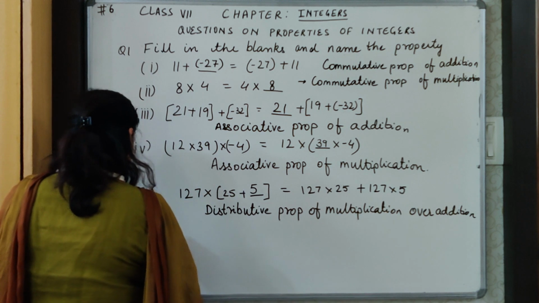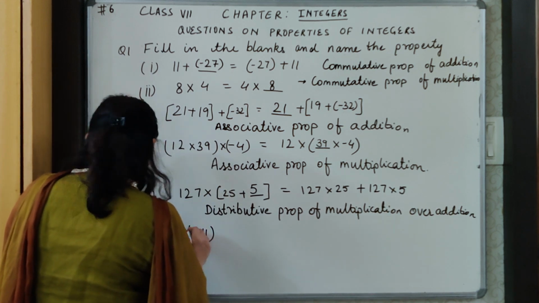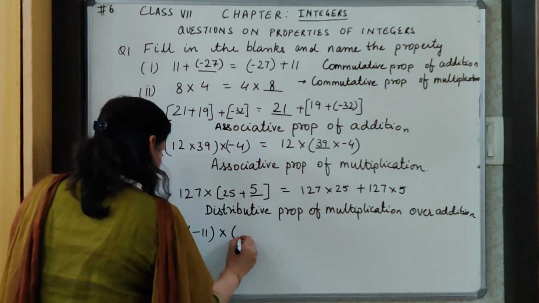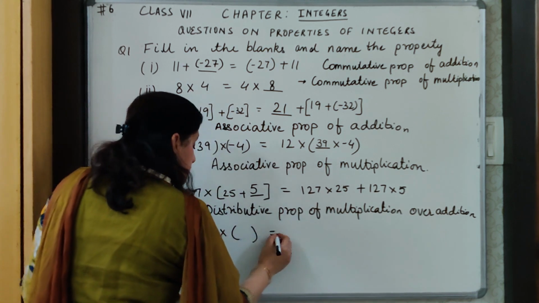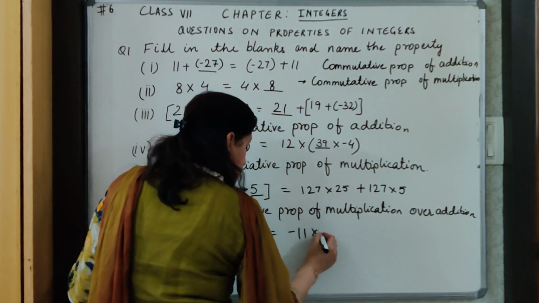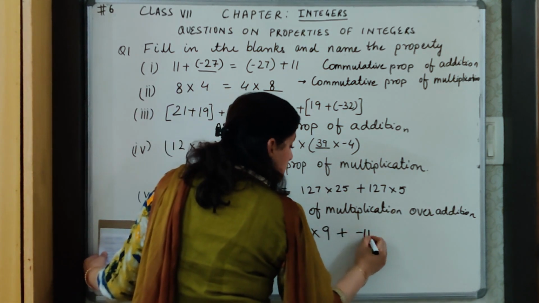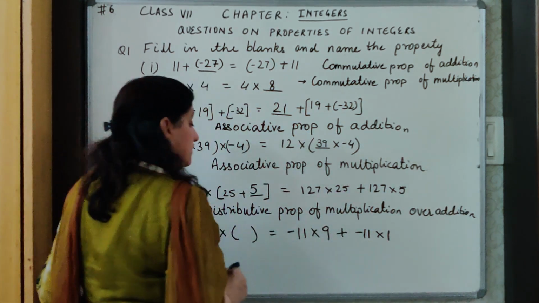One more. It is minus 11 into dash is equal to minus 11 into 9 plus minus 11 into 1.